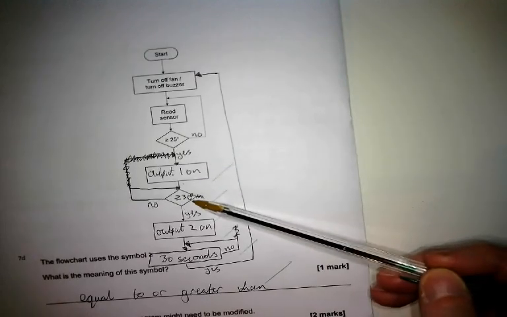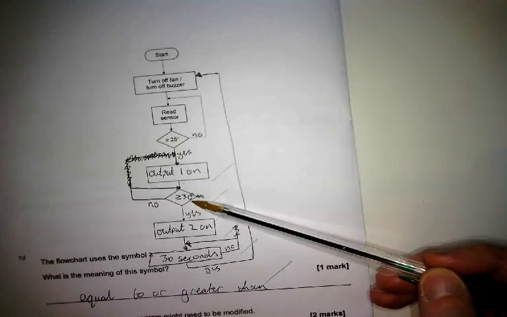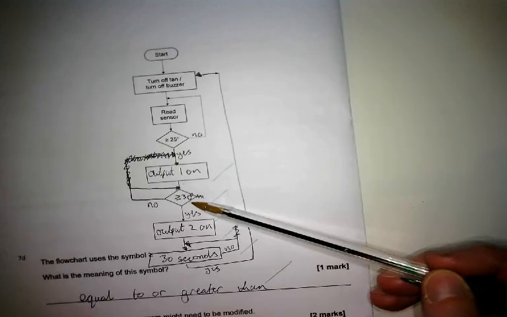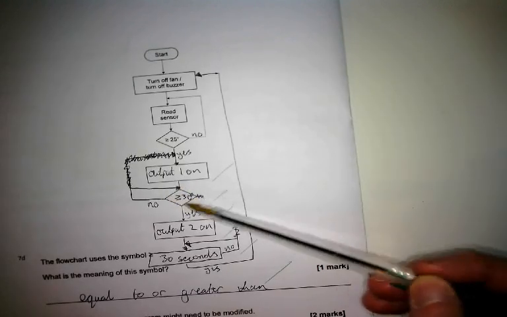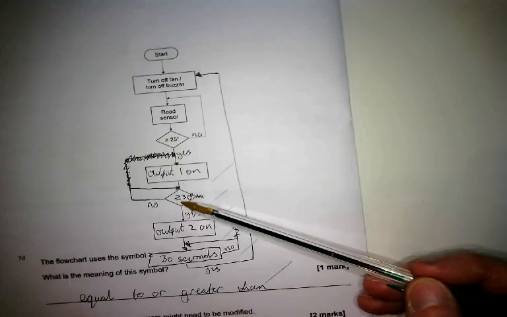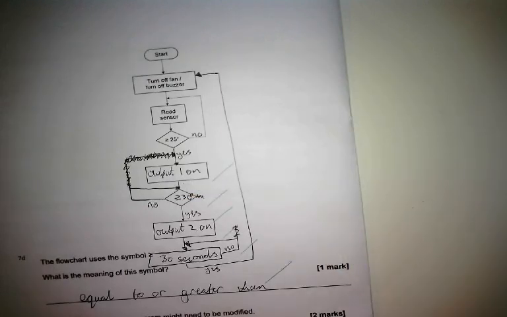This is where we're looking for a flowchart to be done. So here we're looking for temperature is 30 degrees or more than 30 degrees, a decision box, which is your diamond shape. Just scroll down a minute.